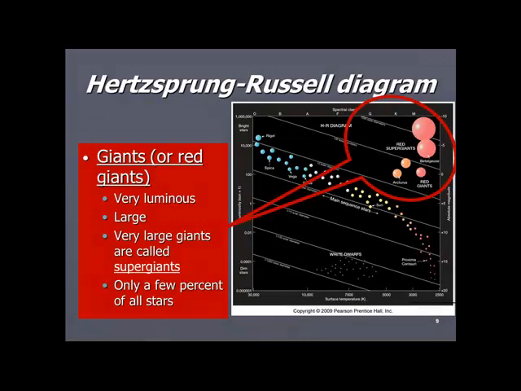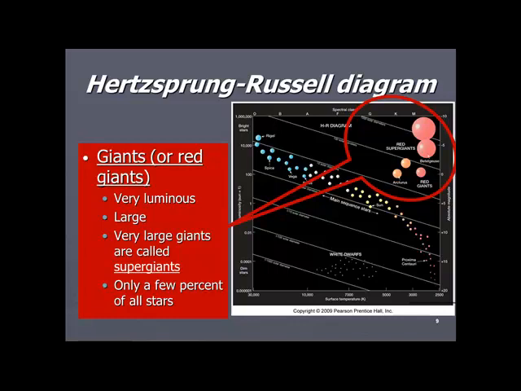The next stage after main sequence, I kind of consider it the midlife crisis stage, is the giants or the red giants. This is when the stars start to collapse in on each other but are still being pushed out by fusion. They're very bright. As you can see, they're in the upper portion of the graph that relates to the bright stars, even though they have the negative absolute magnitude scale.